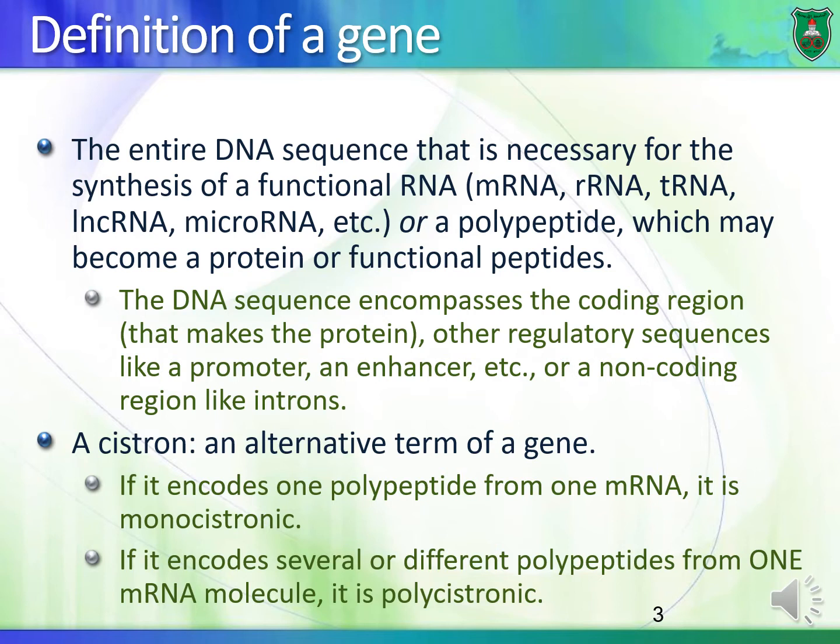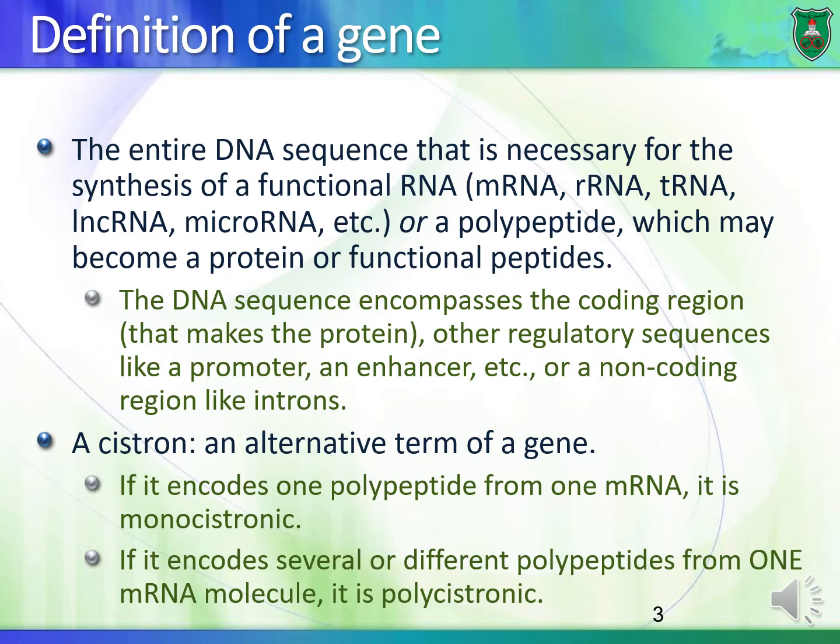Another term for a gene is a cistron. And a cistron is basically a genetic unit, okay, that can produce one polypeptide at the end from one messenger RNA, and we call this monocistronic mRNA. So basically, we're talking about a mature messenger RNA after processing, as we will see what will happen in eukaryotes.